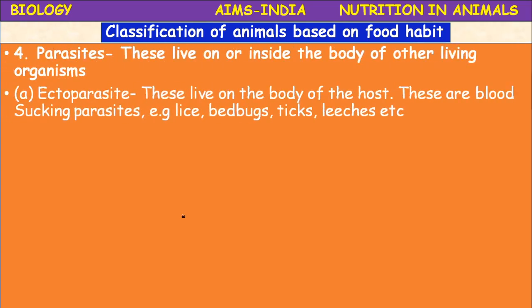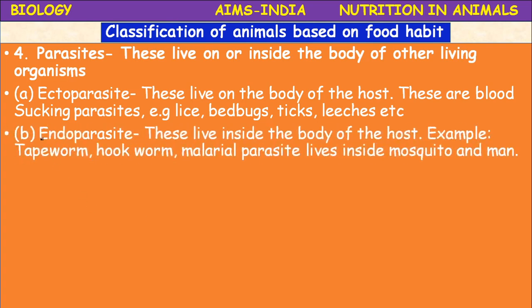They are divided into two major types: ectoparasites and endoparasites. What are ectoparasites? An ectoparasite is the organism that lives on the body of the host. These are blood sucking parasites.